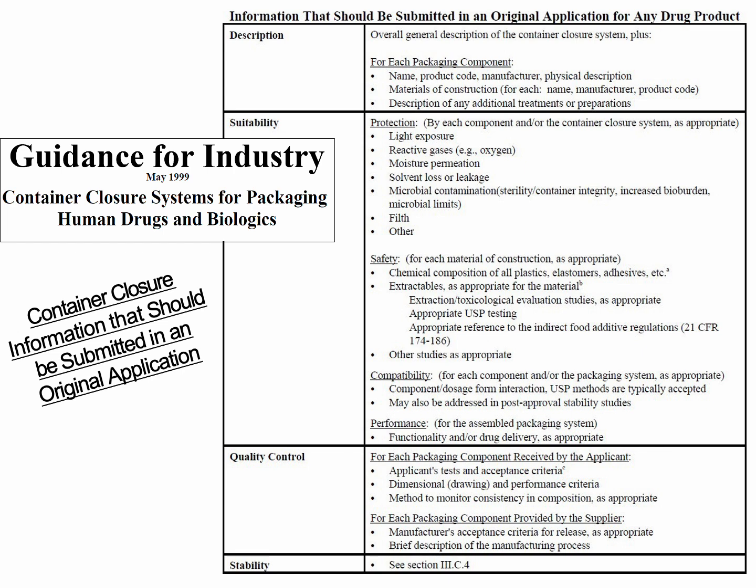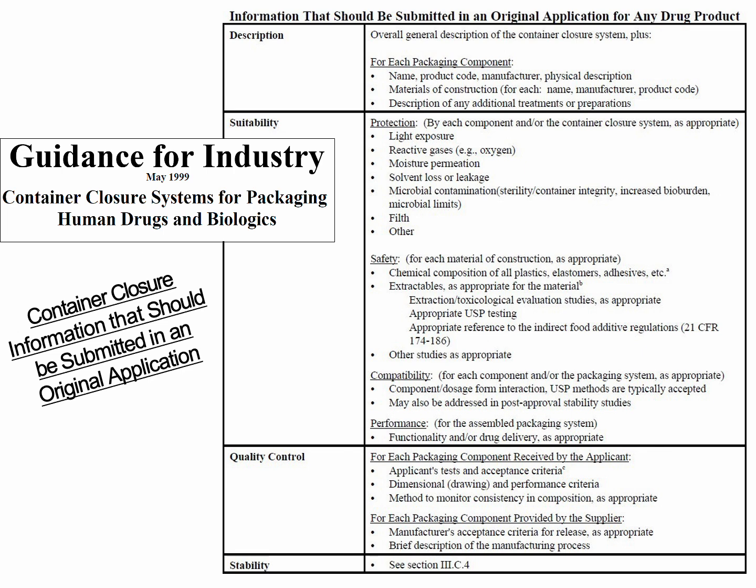Now here, this is what you can see when you open the document. Here you have the information that should be submitted in an original application for any drug product. The first type of documents is related to the description of your product. The second important section is related to the suitability.